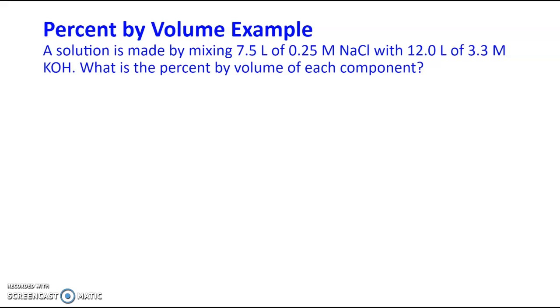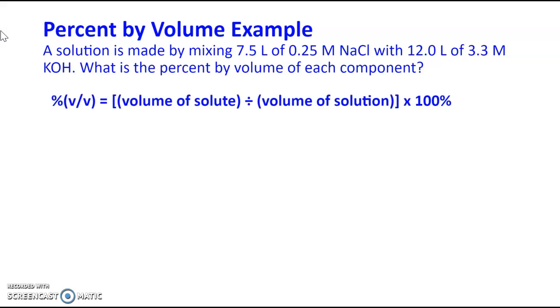So in this case, it seems a little overwhelming because we have those molarities included in there, but the molarities actually don't matter because we just want to know the percent by volume of each component. So we'll just ignore the molarity for now, and we'll address it in a minute.